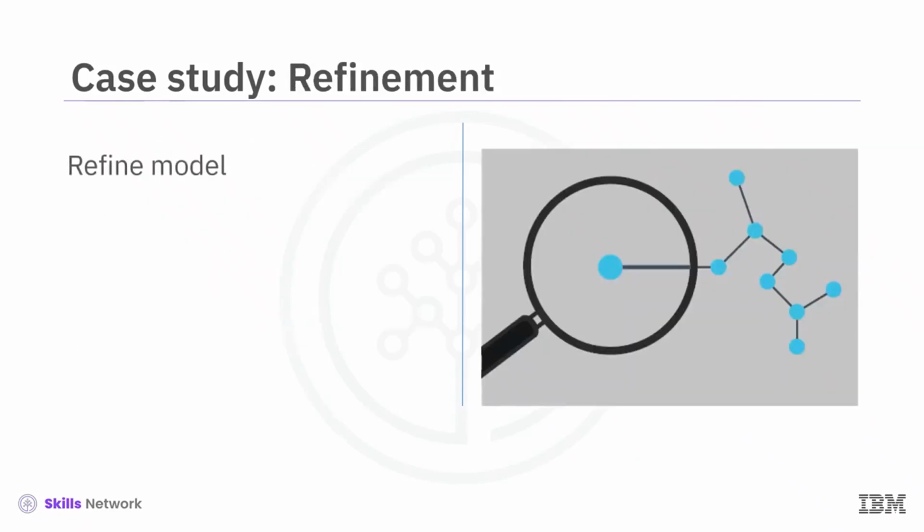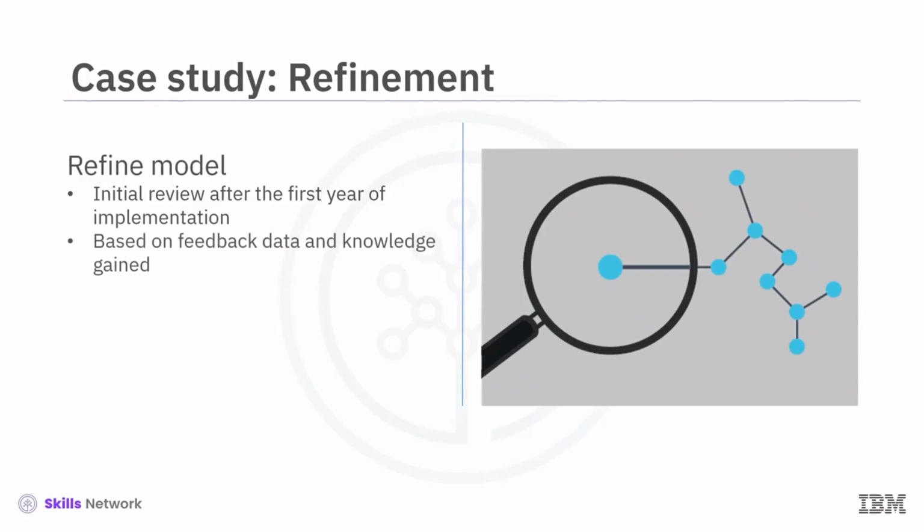After the deployment and feedback stages, the impact of the intervention program on readmission rates would be reviewed after the first year of its implementation. Then the model would be refined based on all the data compiled after model implementation and the knowledge gained throughout these stages.